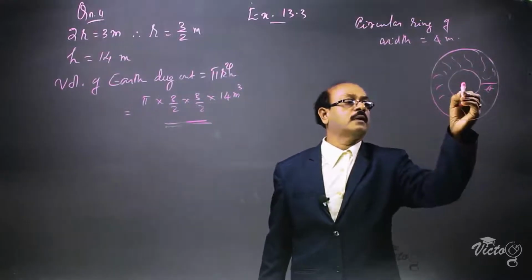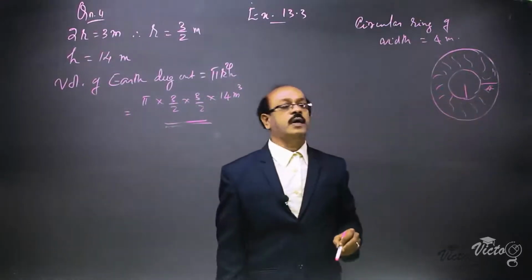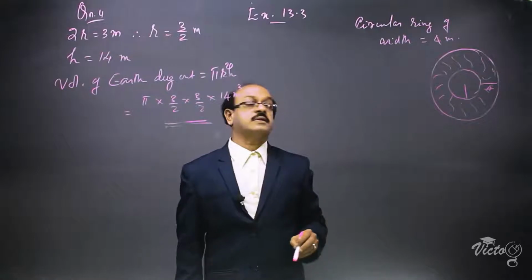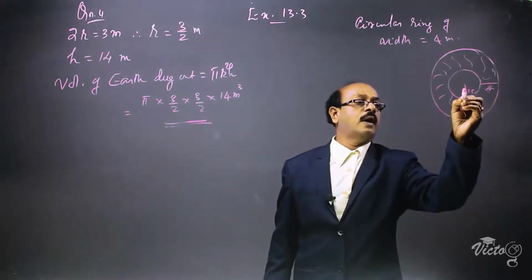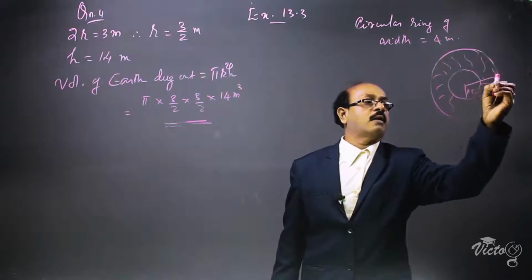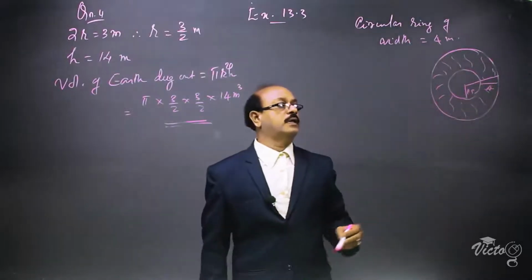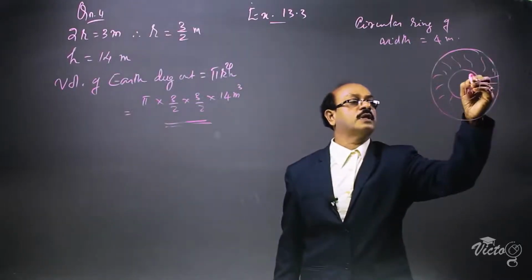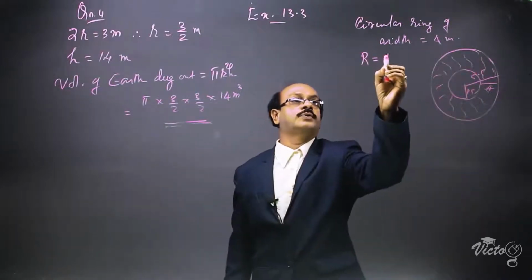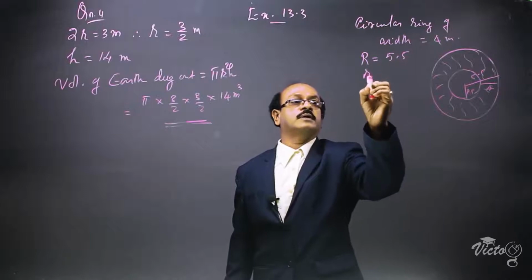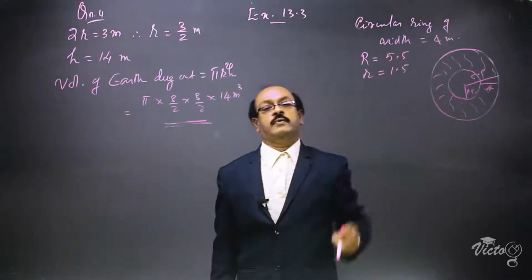Here, this is the radius of the well, given as 3 by 2, which means 1.5. And the capital R of the outer circle is 1.5 plus 4, which is equal to 5.5. So, we can take capital R is equal to 5.5 and small r is equal to 1.5.